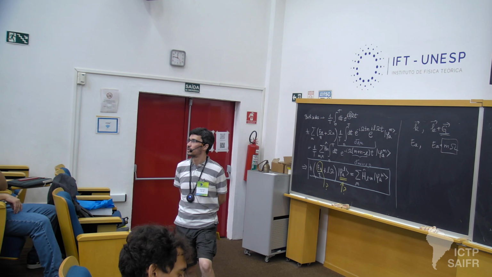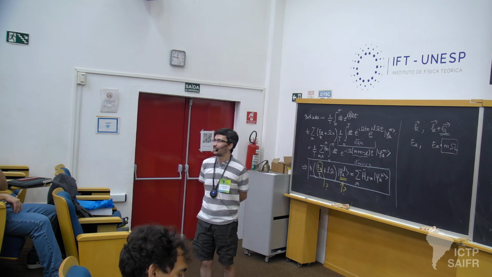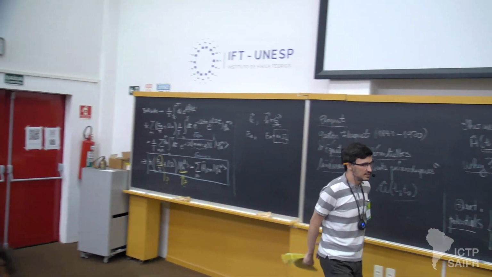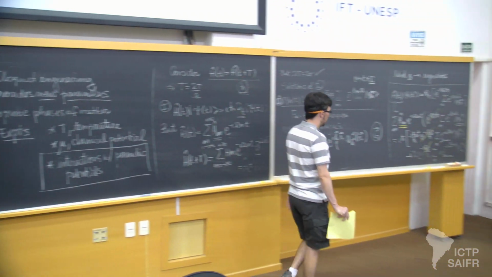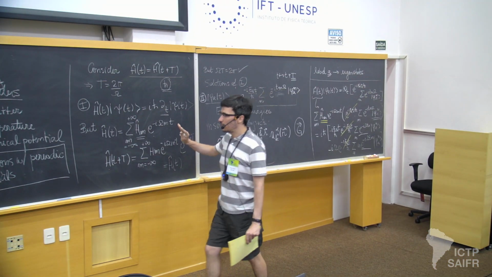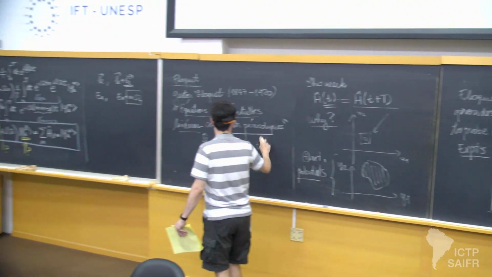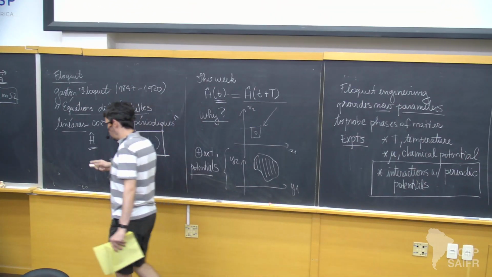Yes, absolutely. We are going to come to this question tomorrow or the day after. So the question is this: the Hamiltonian is time dependent. I started talking about this object here, but then I immediately stopped talking about it.